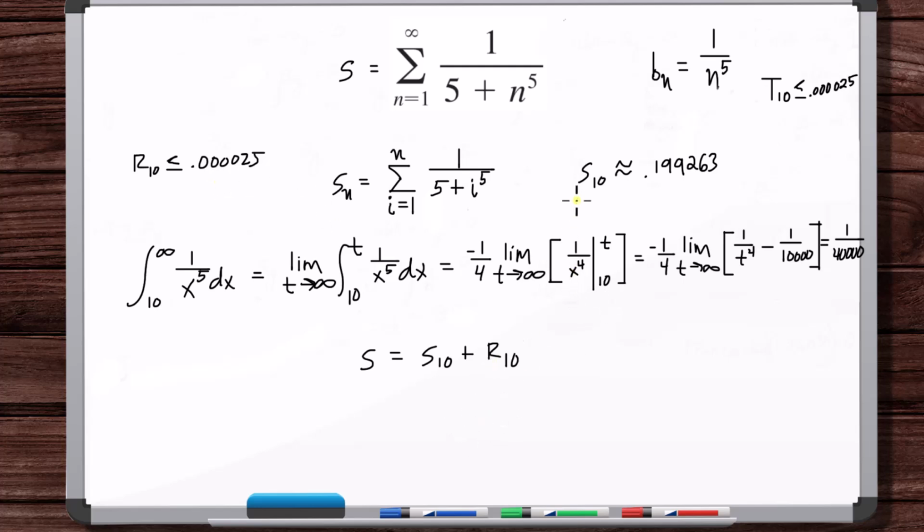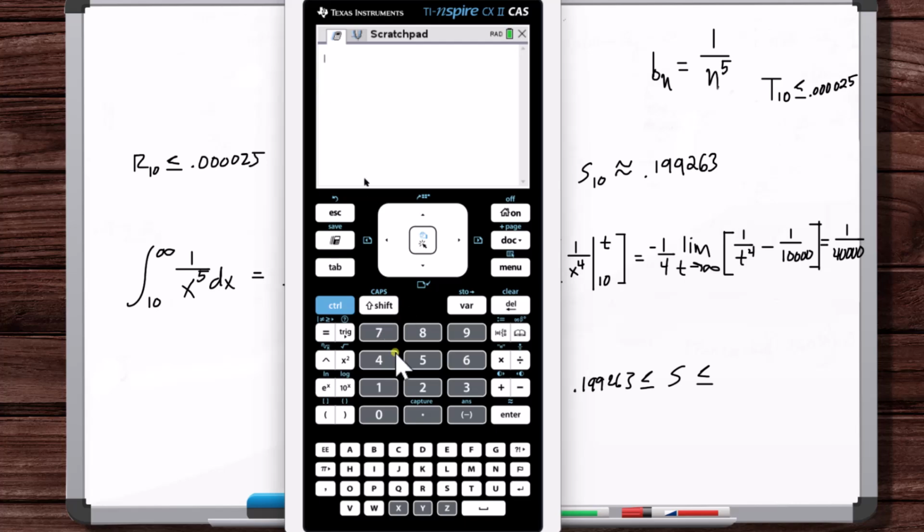But we also know that it's greater than 0.199263 at the infinite sum s. For sure, it's definitely greater than this. So we know that s is greater than or equal to 0.199263, and then we know for sure that s is less than or equal to 0.199288, because we know the upper bound on r sub 10.